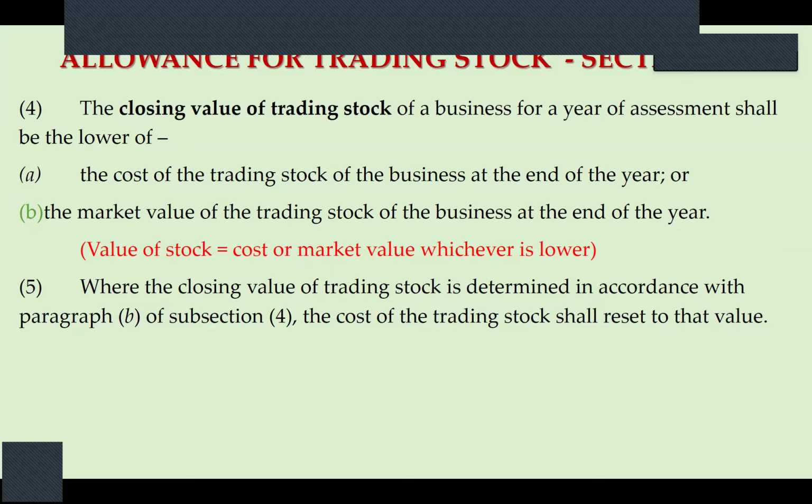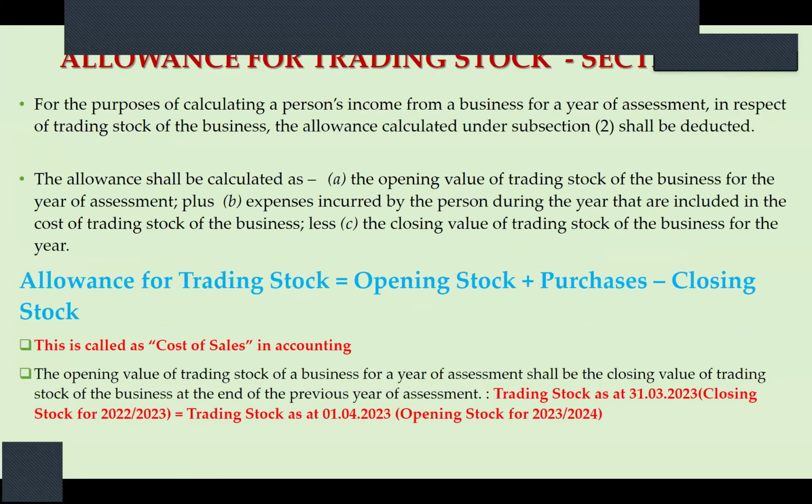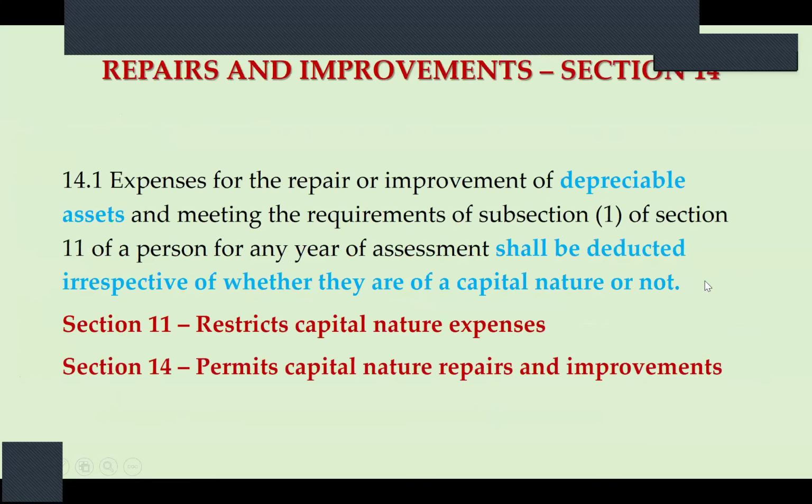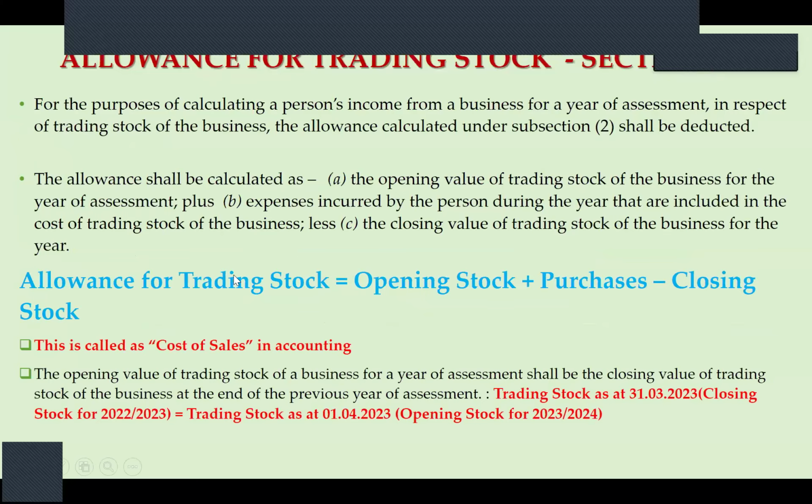Why do we consider the lower one? Can we consider the higher one? No, we cannot do it. We are considering the lower one because it is a closing value. If we considered a higher value, that means our cost of sales value will be very high.